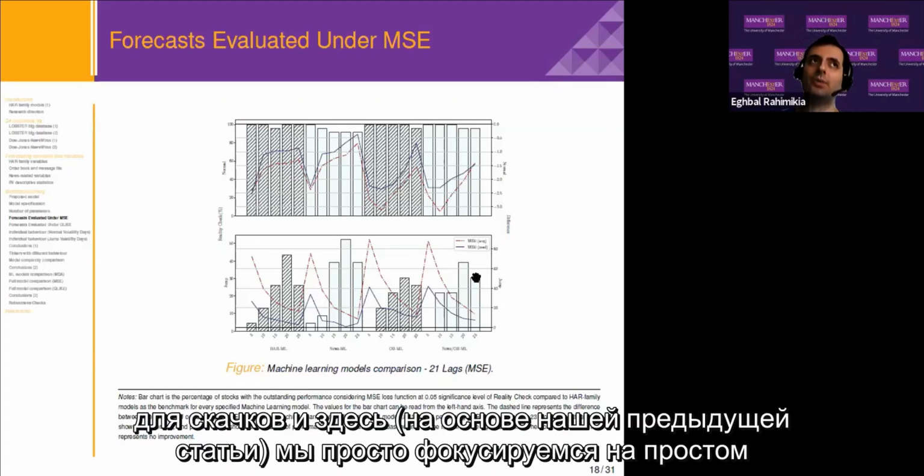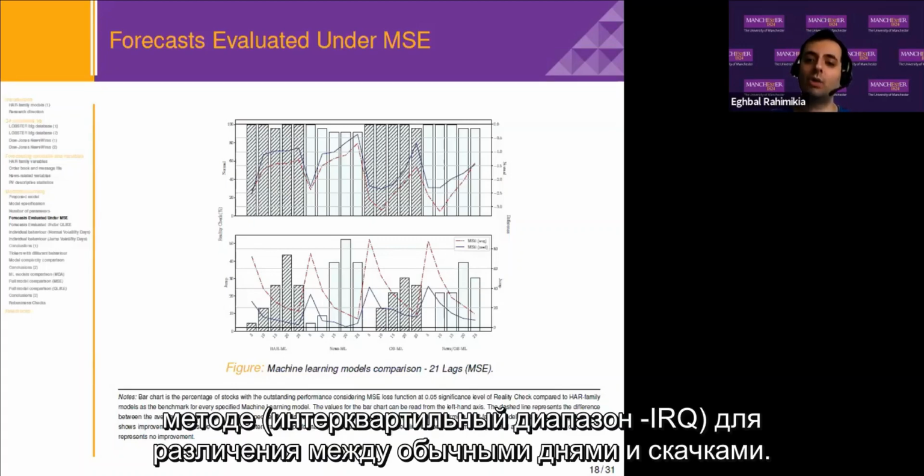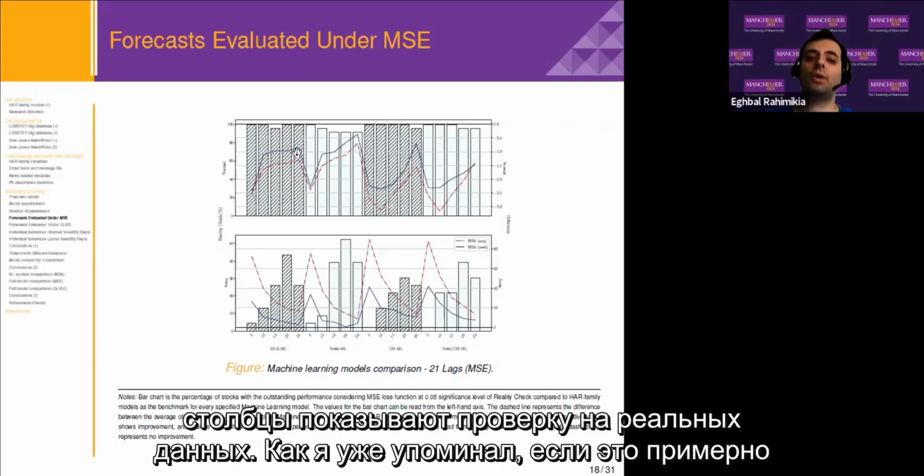Based on our previous paper, we are just focusing on a simple method, the interquantile range, for discriminating between normal days and jumps. You can again refer to the paper to understand more about this method. Those bars are the reality check.